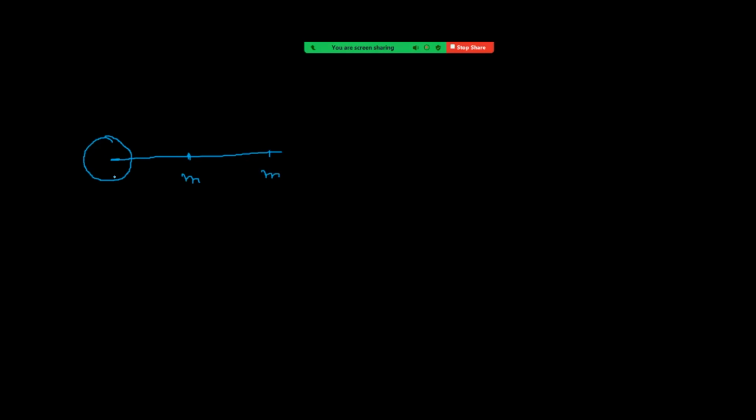We are given the separation: this is 3L from the center, and the remaining lengths are L and L. And the condition is tension is 0. Tension 0 means one thing: the force by this on this, and force by this on this, should not cancel.